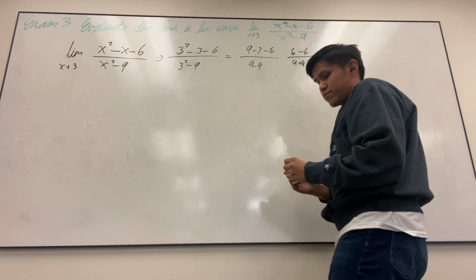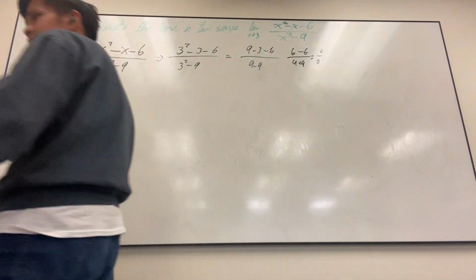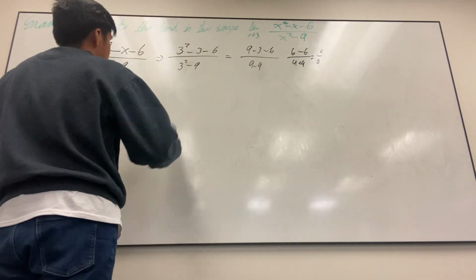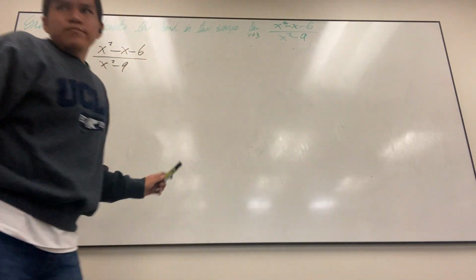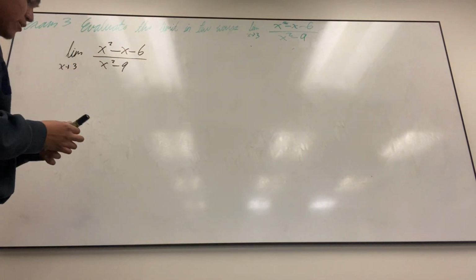That's an indeterminate form, which is why you can't use direct substitution. You can either use the factoring way or L'Hopital's rule. In L'Hopital's rule, you take the derivative of both the numerator and the denominator.